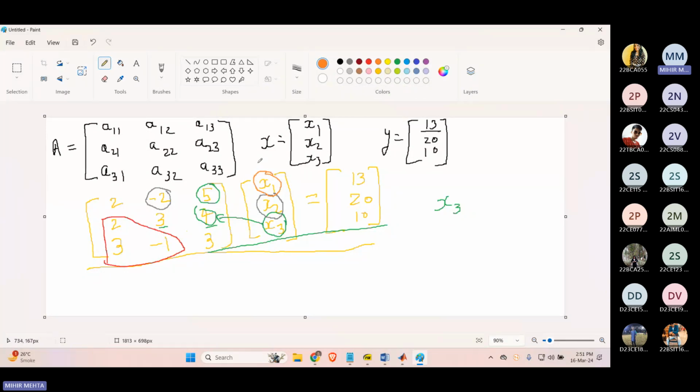And when we talk about the Gauss Jordan elimination method, we convert this particular triangle and this particular triangle both to 0. So if we convert both of these triangles to 0, we simply have x3, x2 and x1 values available.